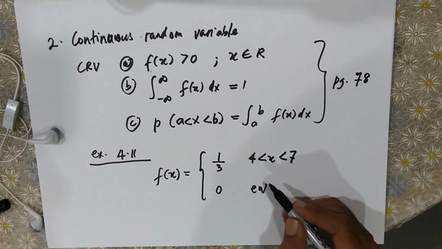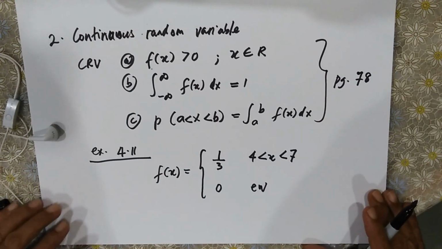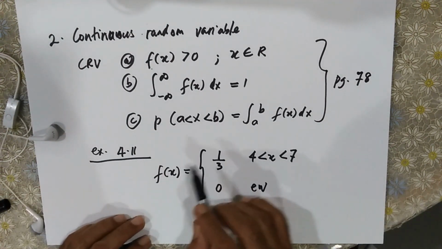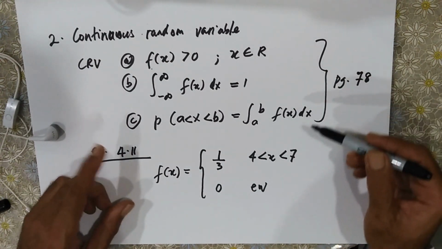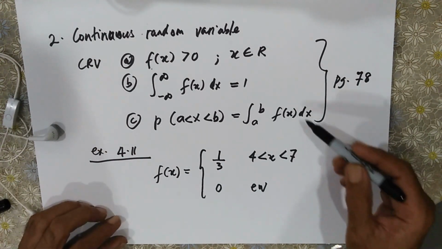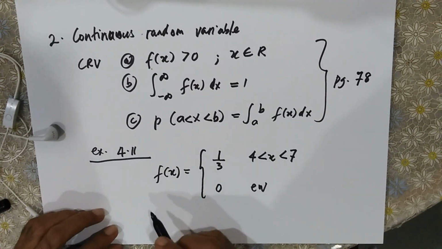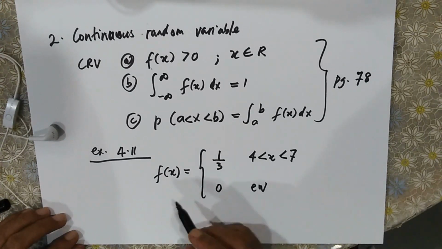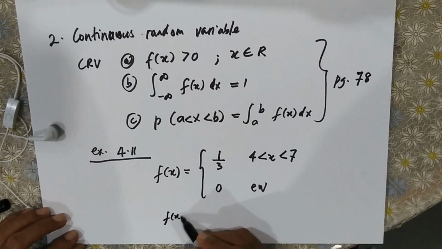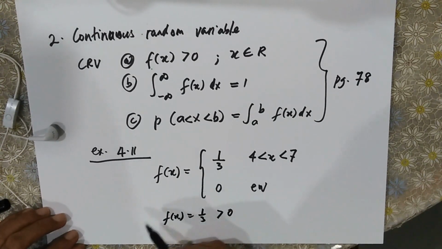I want to prove that the function here satisfies the definition, which we have A, B, and C. The first one, we want to prove that f(x) is greater than 0. By looking at this function, f(x) is equal to 1 over 3, which is greater than 0. Okay, this proves A.